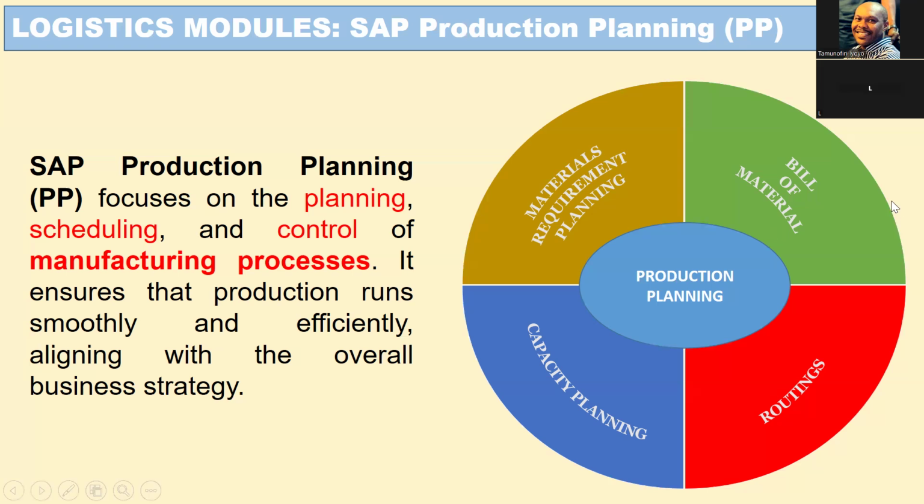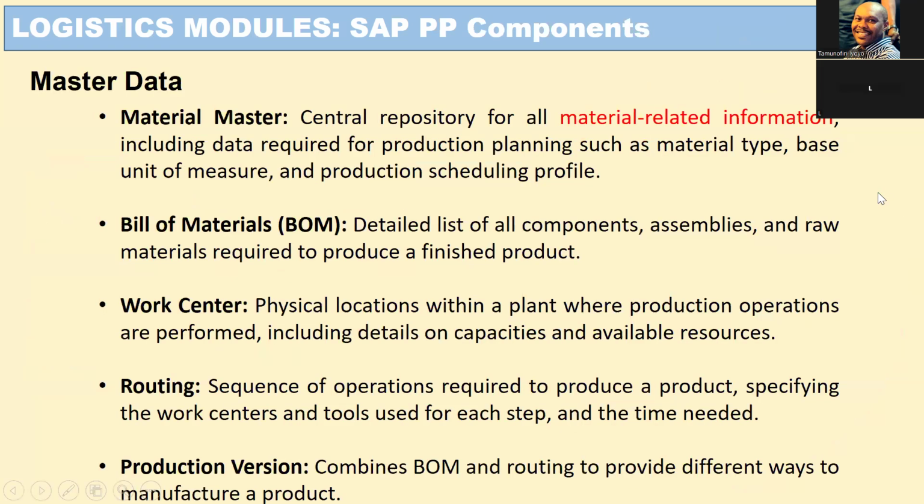The master data that could be seen on the PP model, which is production planning, includes the material master. Of course, this we saw in the model. It's a central repository for all material related information, including data required for production planning, such as material type, base unit of measure, and production scheduling profile.